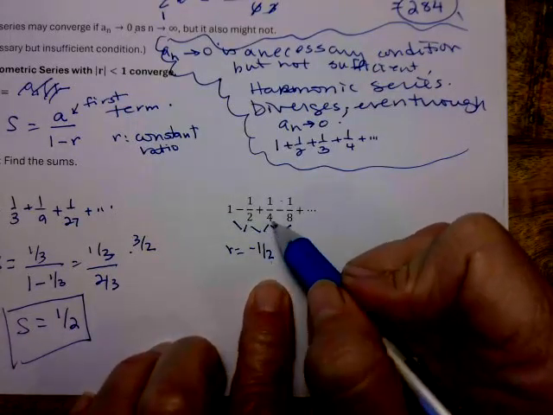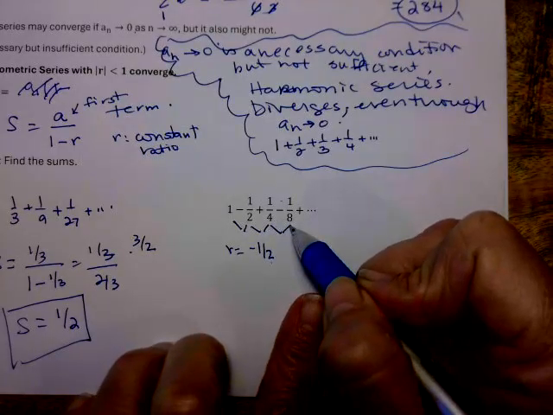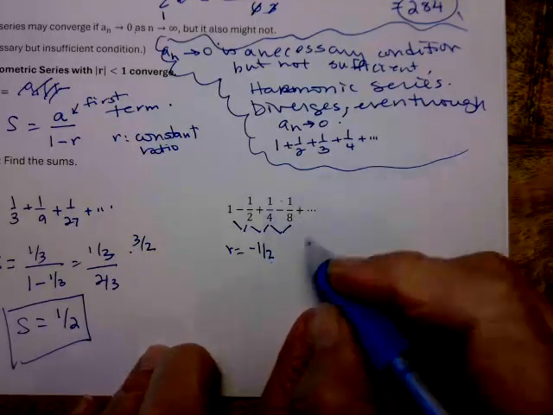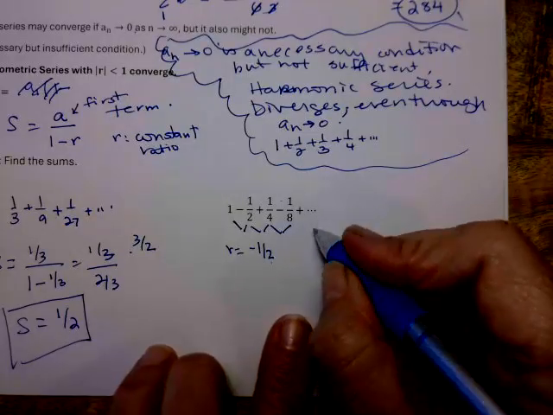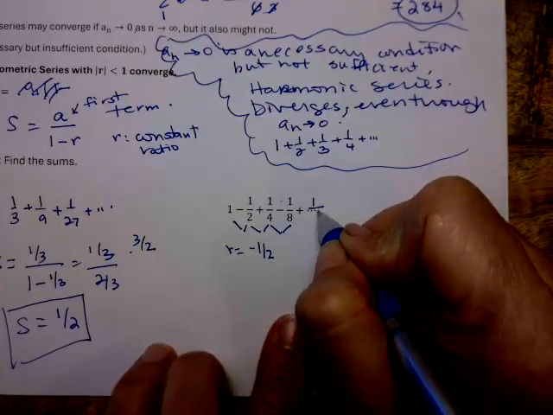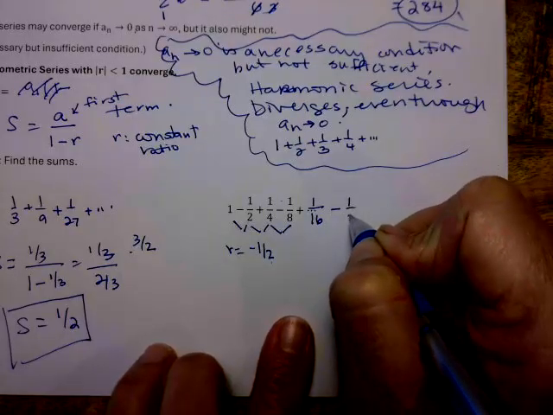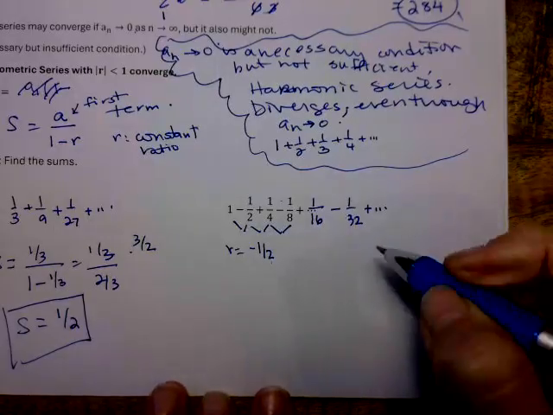Negative 1/2 times negative 1/2, positive 1/4, times negative 1/2, negative 1/8. Absolutely. Can you write the next term just to make sure? The next term in our series would be plus 1/16, minus 1/32 plus dot dot dot.